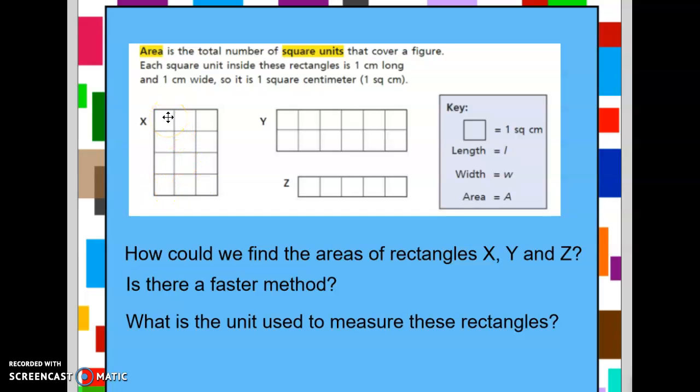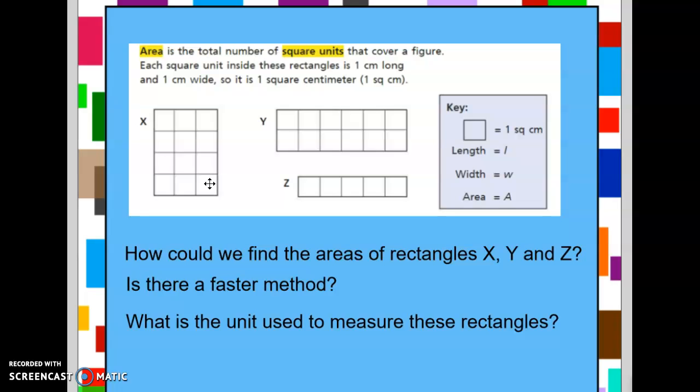I can guess at least half of you are already counting squares. 1, 2, 3, 4, 5, 6, 7, 8, 9, 10, 11, 12. Absolutely, 12 square centimeters are inside rectangle X. Yes, you can count them.